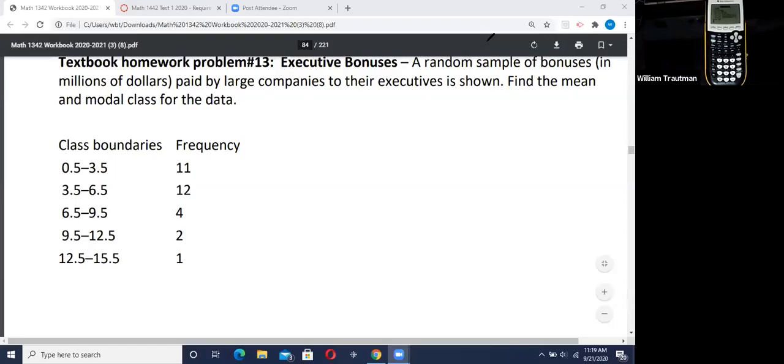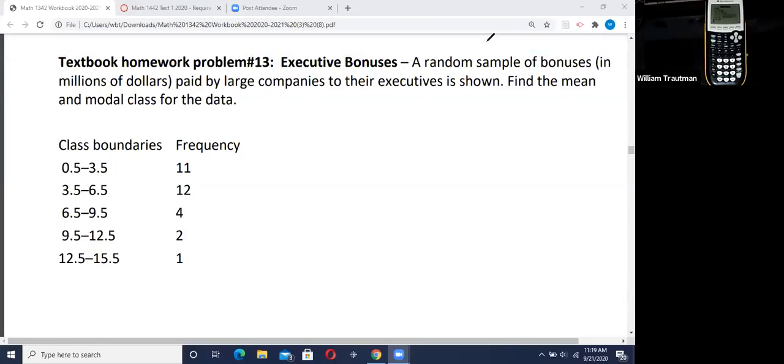So, sorry. This was list 2. List 1, we said was 2, 5, 8, 11, and 14. This was the modal class.